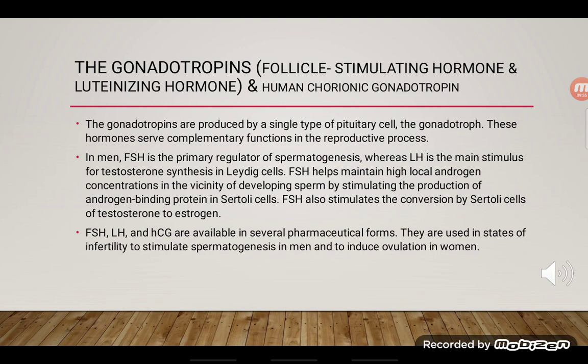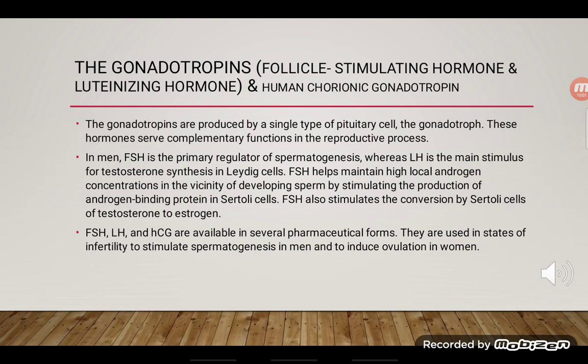I suppose you've taken this in physiology, so you already know how FSH and LH regulate spermatogenesis and testosterone synthesis. While FSH is responsible for the regulation of spermatogenesis, LH is the main stimulant for testosterone production.